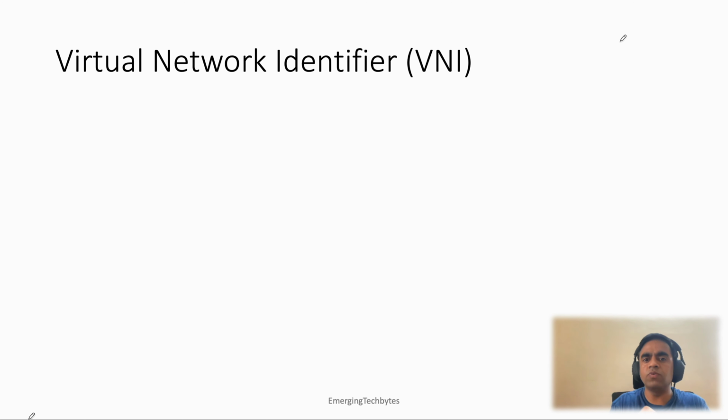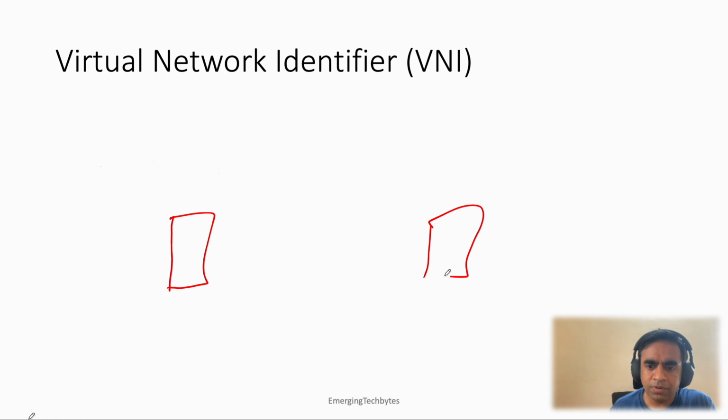Now let's move to the virtual network identifier. What this VNI is. So let's take an example here. I have these two routers, let's say R1, this is R2.